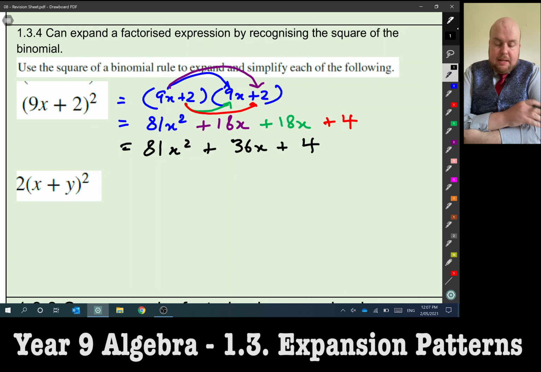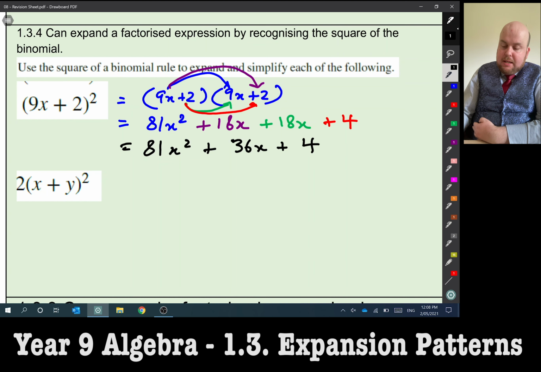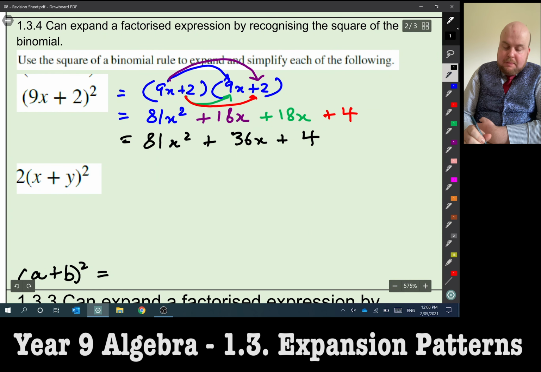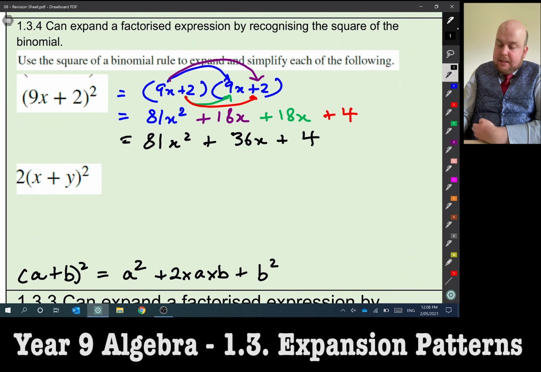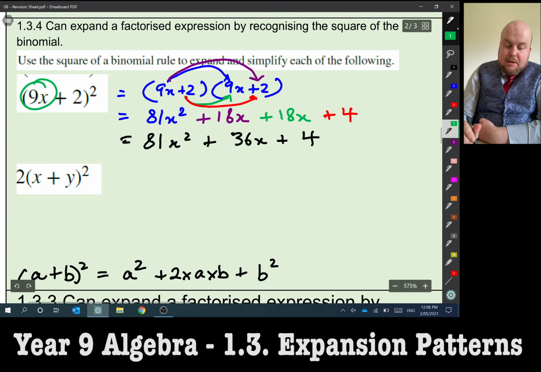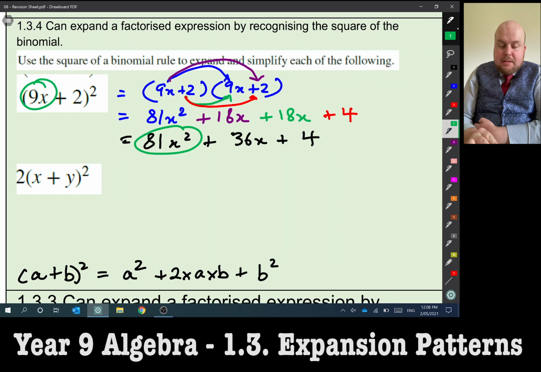Now there's a pattern here as well. So you might see here when I've got this squared, if I have one thing plus another thing squared, then the expanded answer is going to be a squared plus 2 times the first thing times the second thing plus the second thing squared. As you can see here, my final answer, 81x squared, so 9 squared, x squared.